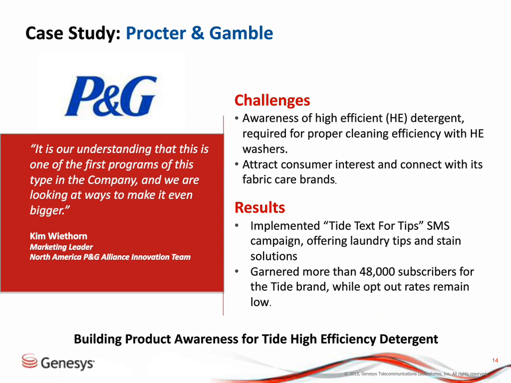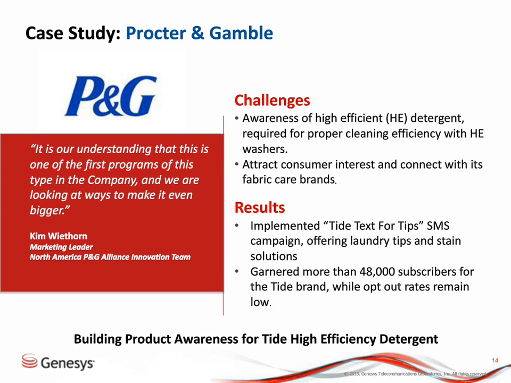So they implemented a Tide Text for Tips SMS marketing campaign, and it was designed to engage consumers by offering things like laundry tips and stain solution approaches and special offers from the Tide brand. And so what they do is send an SMS message to opted-in consumers, but they only do it every couple of weeks so as not to overwhelm them.